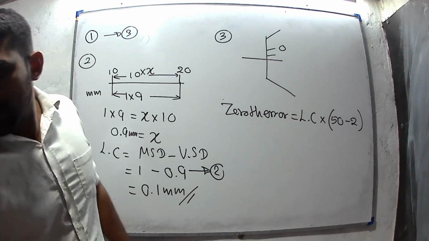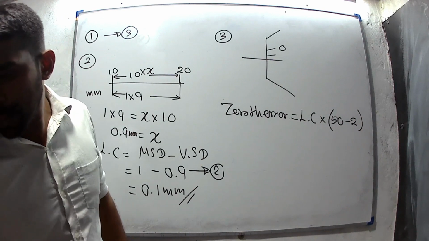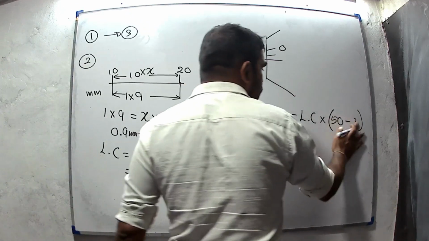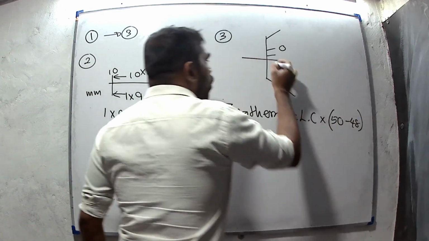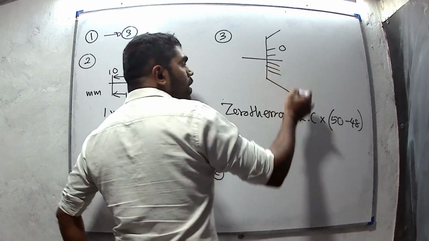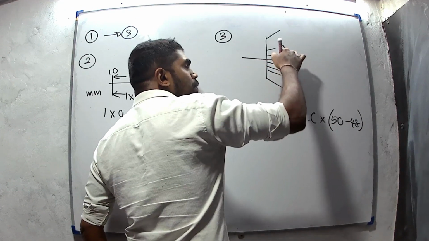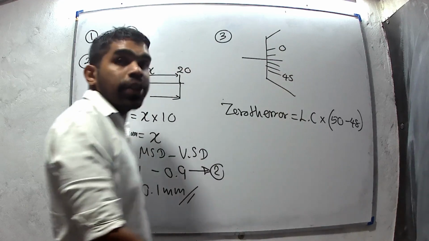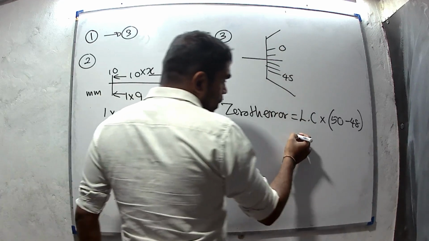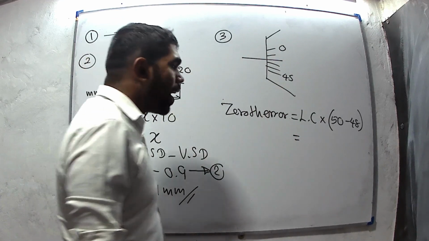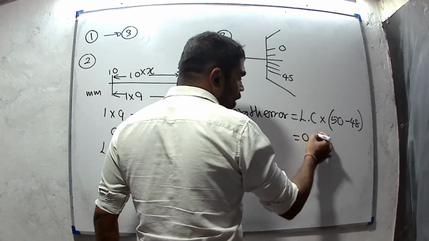Then 50 minus 48. 48, because they have given this part is 45, 46, 47, 48, 49, again 50 means 0. Then the least count of the micrometer screw gauge is 0.01 millimeters.